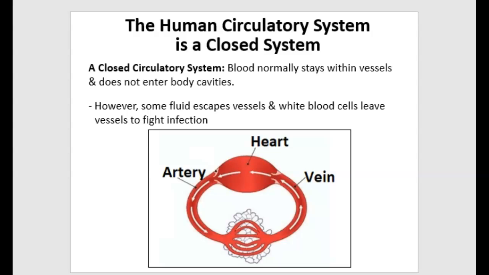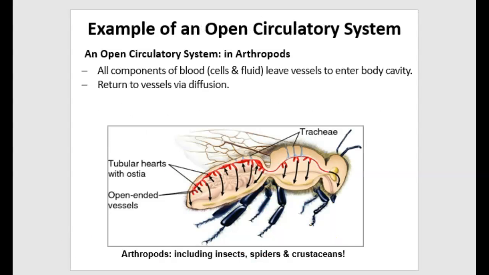Of course, some solutes, we will study the importance of how they get out and how they get back in. But in general, this is a closed circulatory system. No blood cells, like red blood cells, are going to leave a vessel unless there's damage, of course.